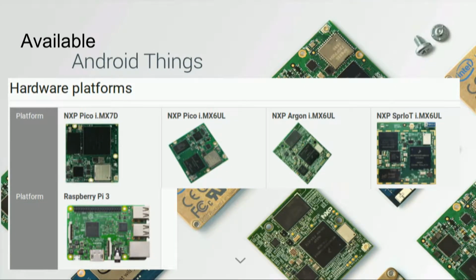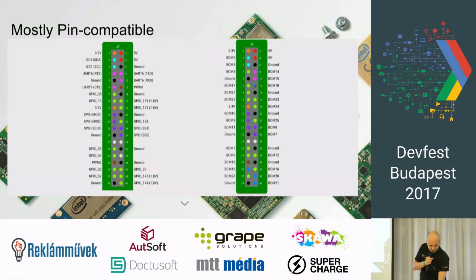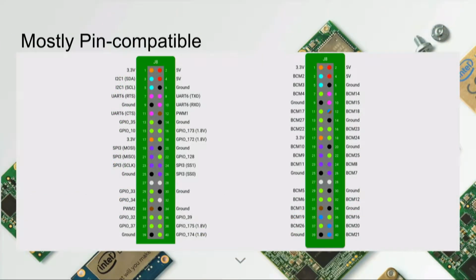There are quite some hardware platforms. Unfortunately, the Intel Edison was taken back, so they announced the end of life. That's a real shame, because it was a very nice platform for Android Things. The Raspberry Pi 3 and the NXP Pico are the most used boards.